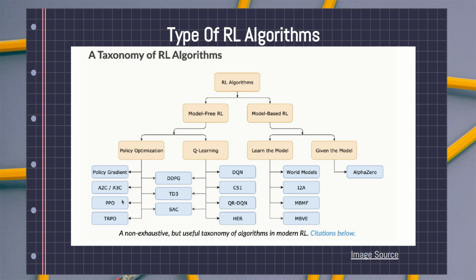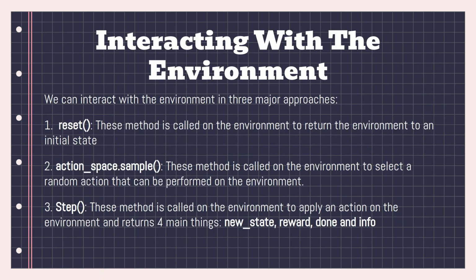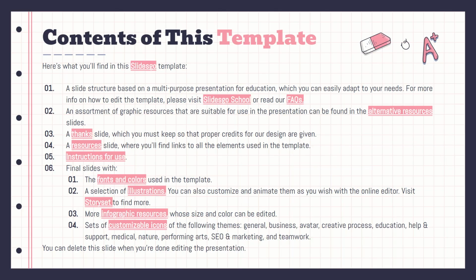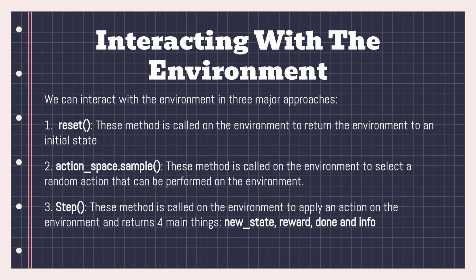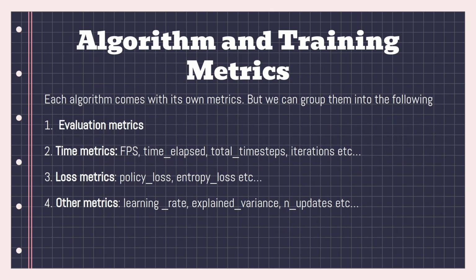And to evaluate the performance of the model, if I go right here, you can evaluate the performance of the model in different aspects. Each model has its own pros and cons, and each model has its own evaluation metrics that you can use. So we have the evaluation metrics and the time metrics.